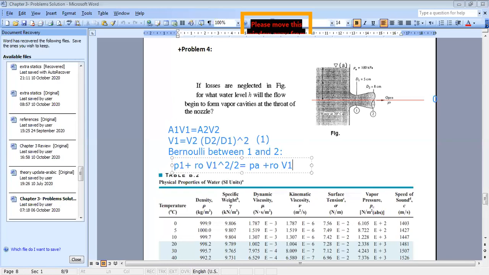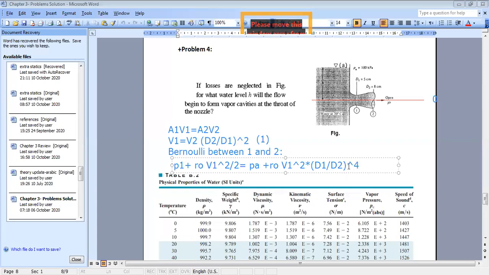So if you decided to keep V1 as the unknown, then you will replace V2 by V1 times, and of course I want it squared, so V1 square times the ratio, which is now D1 over D2. This is rho V2 square over 2, and if I do substitution of V2 square, it's V1 square times D1 over D2. Since D1 over D2 is already to the power 2, and I'm squaring again, it will be to the power 4.